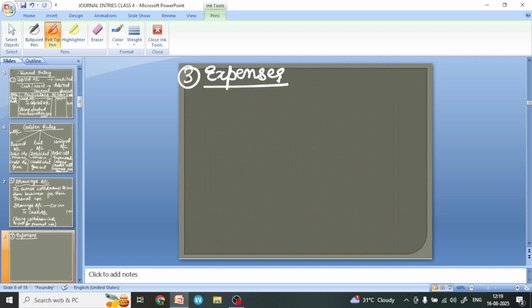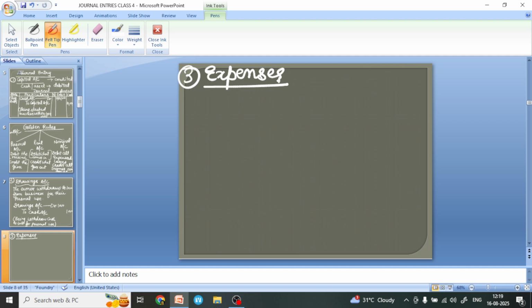Any amount spent in order to purchase or sell goods or services, and which generates revenue in the business, is called expenses.